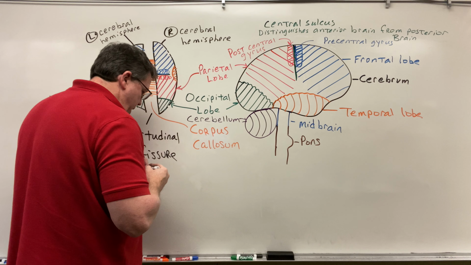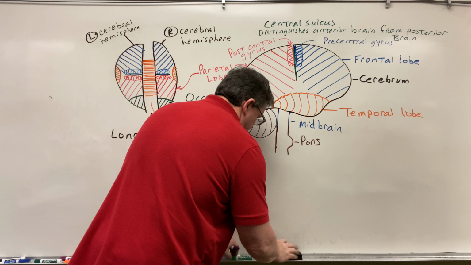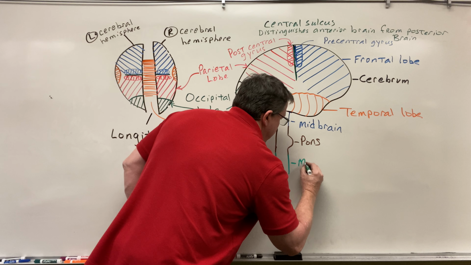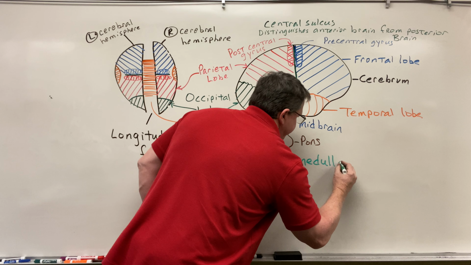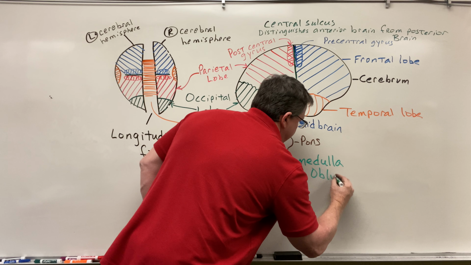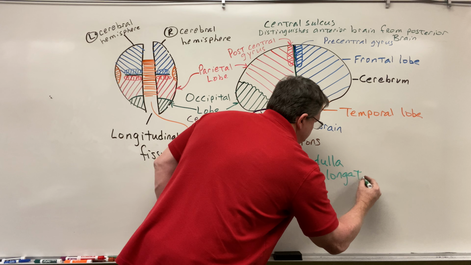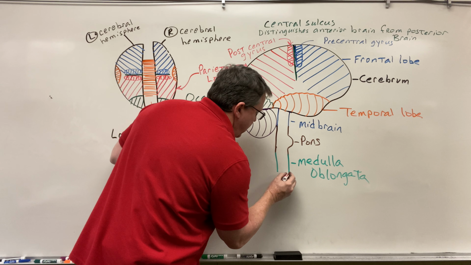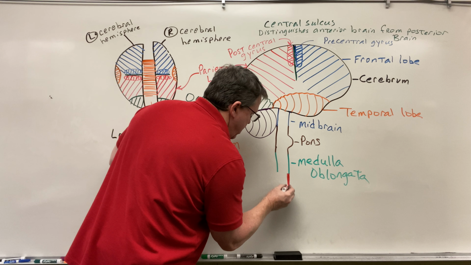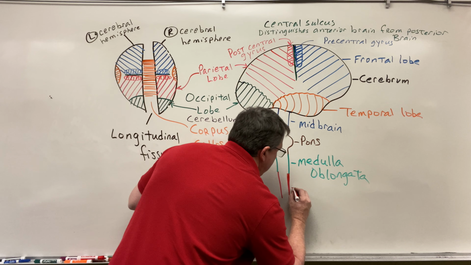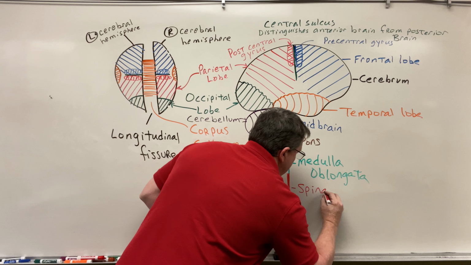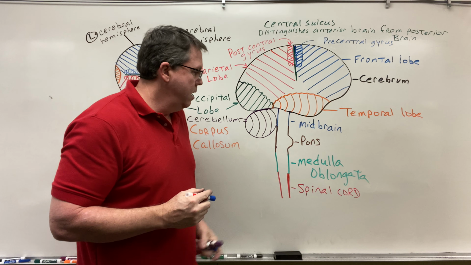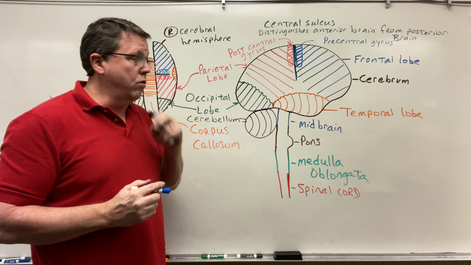And then after the pons, we have something called the medulla oblongata, and we'll go through all these. This is medulla oblongata. Okay, and then after the medulla oblongata, we have the spinal cord. So this is my spinal cord right here. So basically, the medulla oblongata connects the brain to the spinal cord.